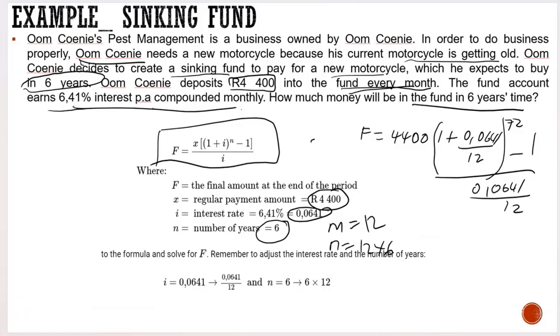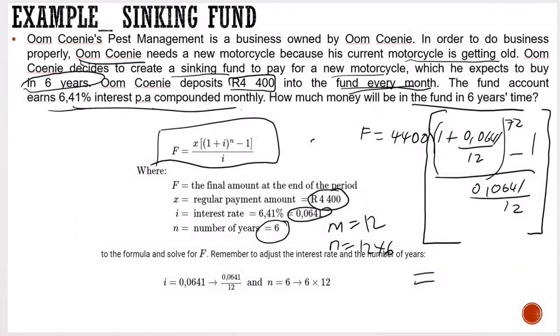This is the future value ordinary annuity formula. You plug this into your calculator and you will get your sinking fund. So your future value for your sinking fund is going to be the amount that you get there. There is nothing much in the sinking fund. What is important is to know what the story is, what information is there.